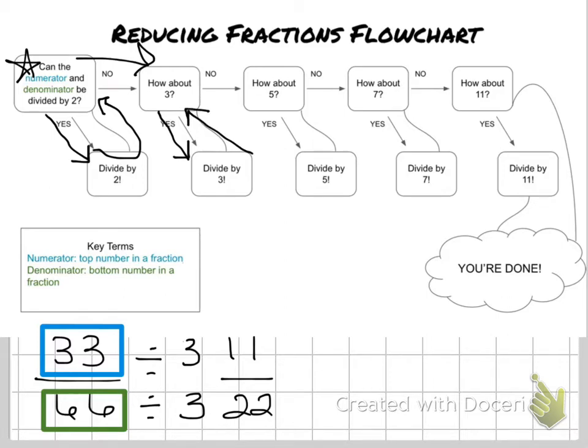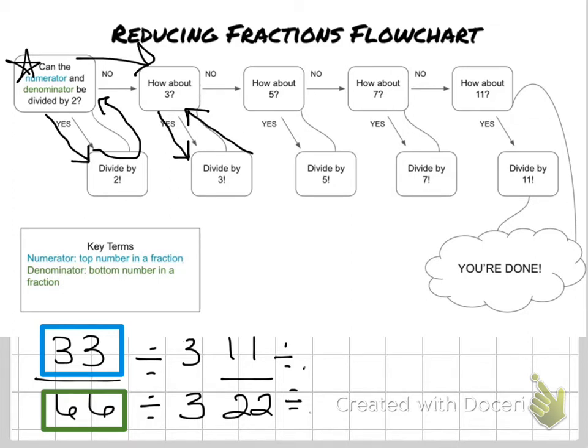And now I come back to my box and I'm going to give it another try. However, I noticed that 11 does not go into 3 evenly, and 22 does not go into 3 evenly either. So that means I am done with this box.